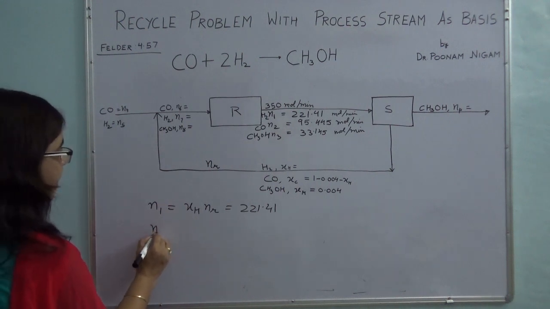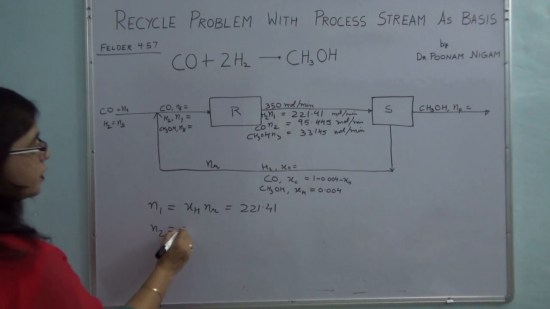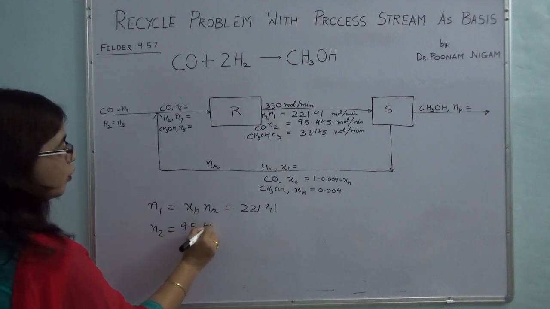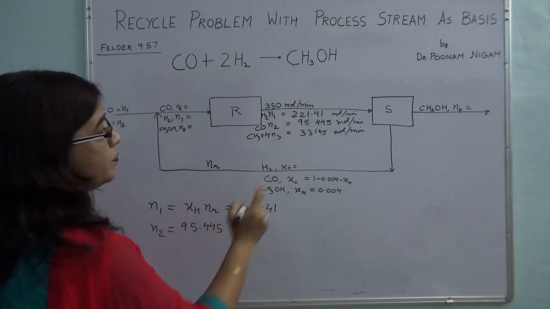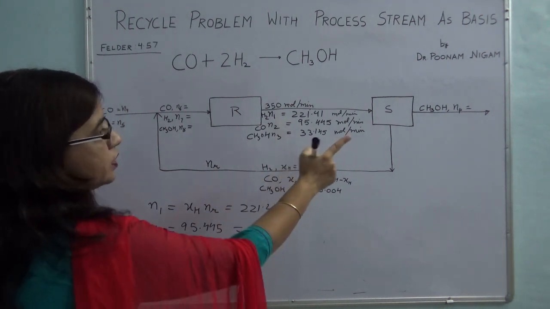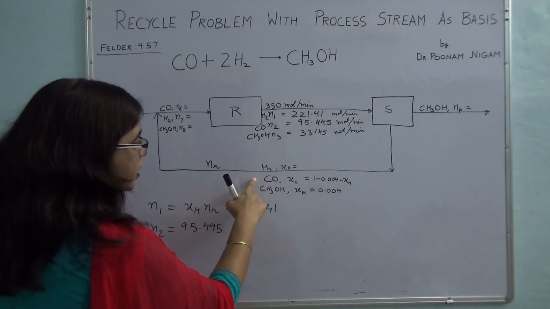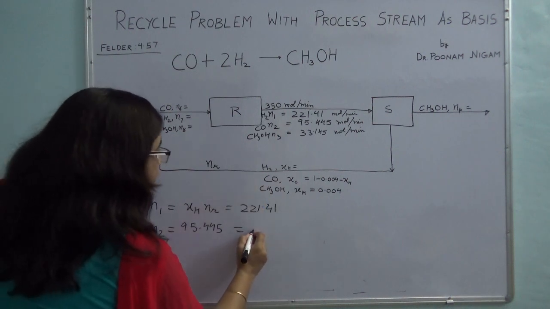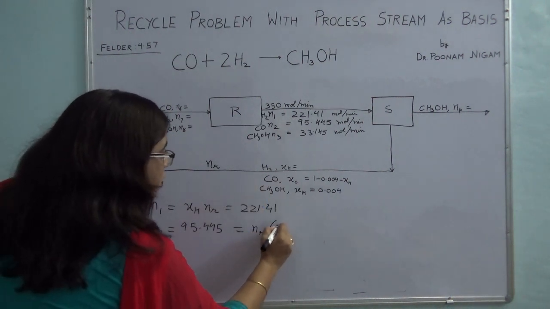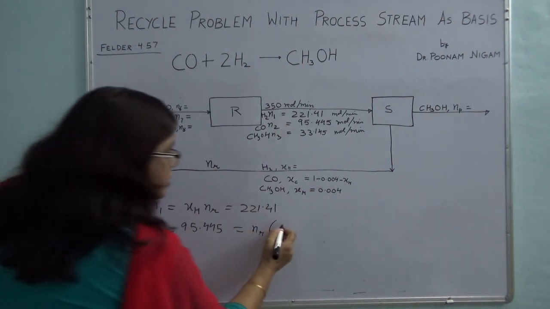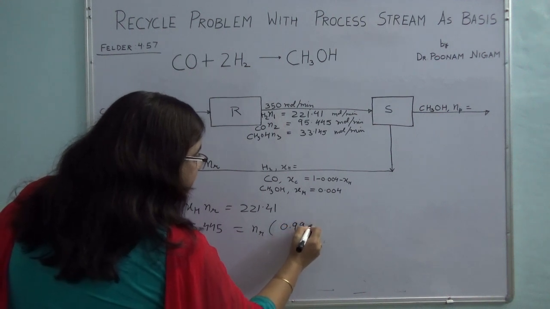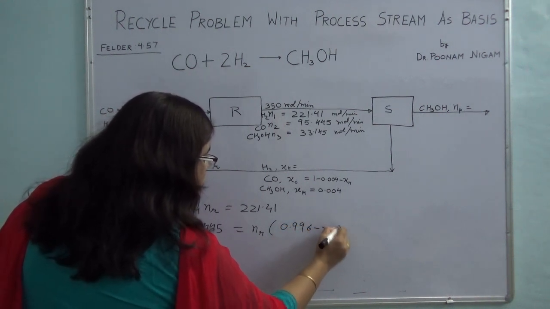What it gives me is that N2, which is 95.445, should be equal to the CO. It's not coming out in that stream, it is only coming out over here. So I have NR times (1 minus 0.004), which is 0.996, so I am going to write 0.996 minus XH.